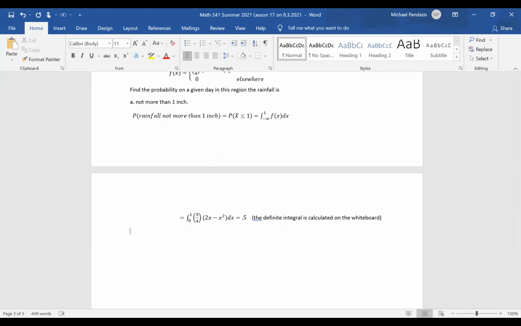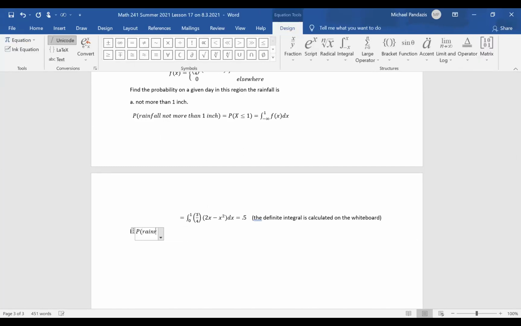Okay, part B. The probability that rainfall is greater than 1.5 inches. So the probability that the rainfall is greater than 1.5 inches, capital X is the amount of rainfall, so probably X is greater than 1.5. Okay, and the probability that capital X is greater than 1.5 is 1 minus the probability that capital X is not greater than 1.5, which means capital X is less or equal to 1.5.